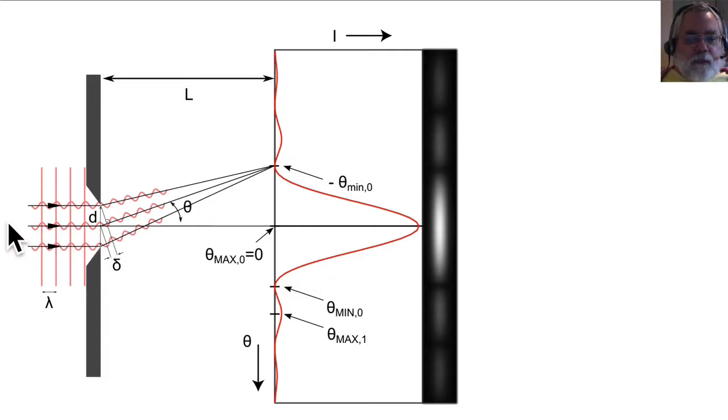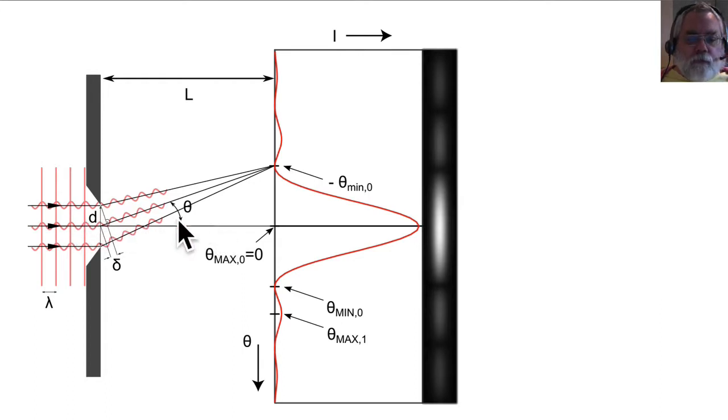Let's see what's happening. It was a plane wave, a coherent plane wave to the left of the barrier, but once we go through the barrier, the intensity at some point on this screen depends on the angle of that point on the screen relative to the center line of going straight through the slit.